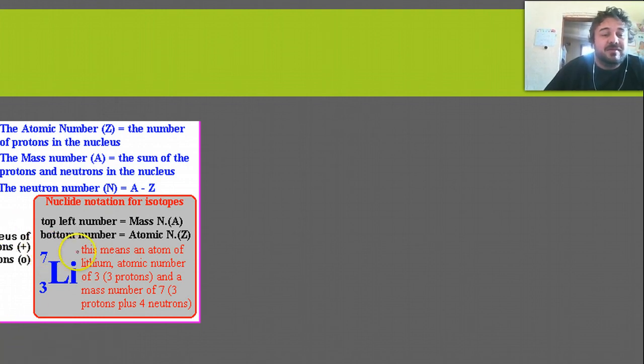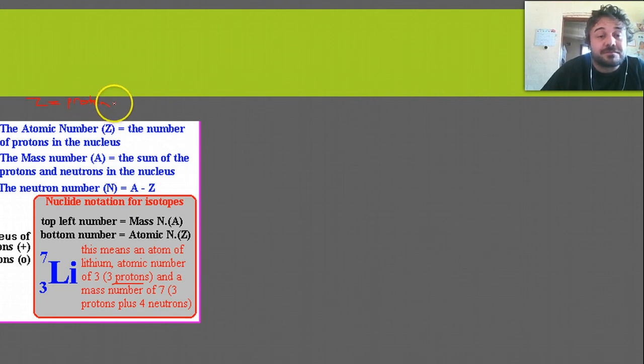So we've now moved on to lithium, which has an atomic number of 3 and an atomic mass of 7. Basically, the bigger number is always the atomic mass. So the atomic number is how many protons it has, and each atom has the same number of electrons. So atomic number, Z equals protons.